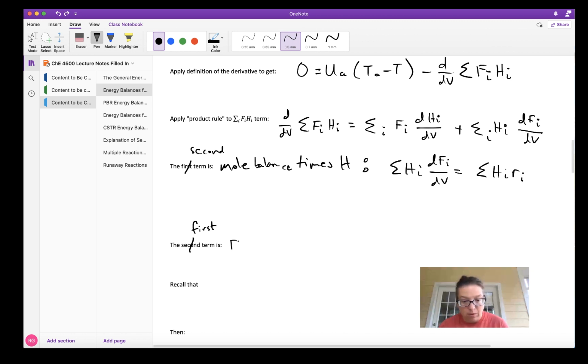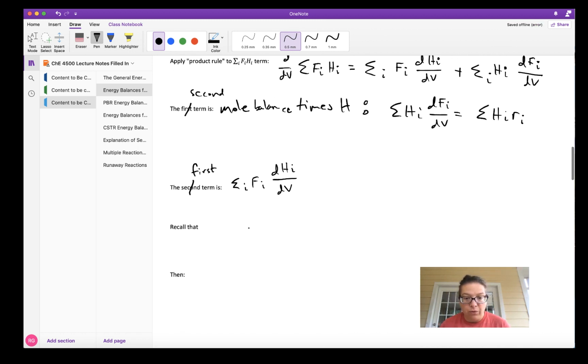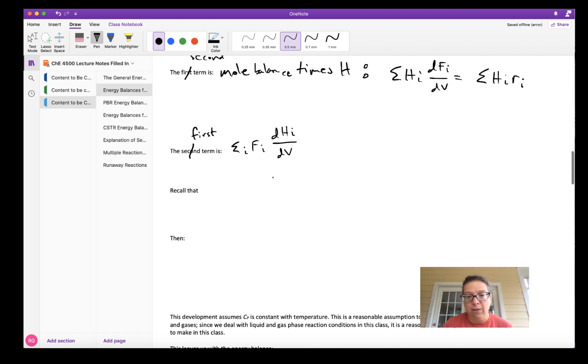For this, we need to take the derivative of Hi with respect to V. Recall that H is equal to a standard value of H at a standard temperature plus the integral of Cp dT.